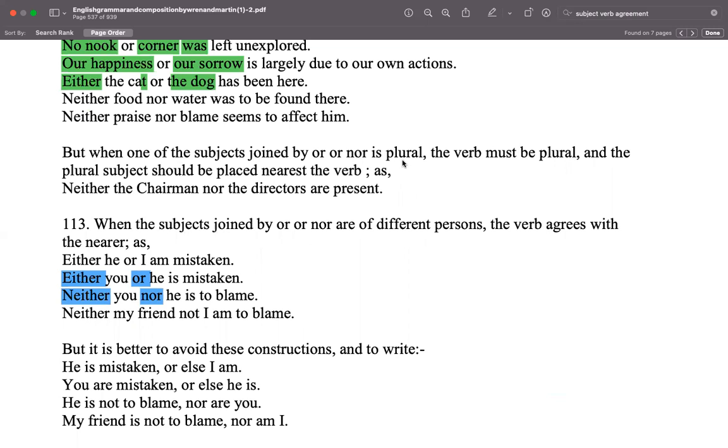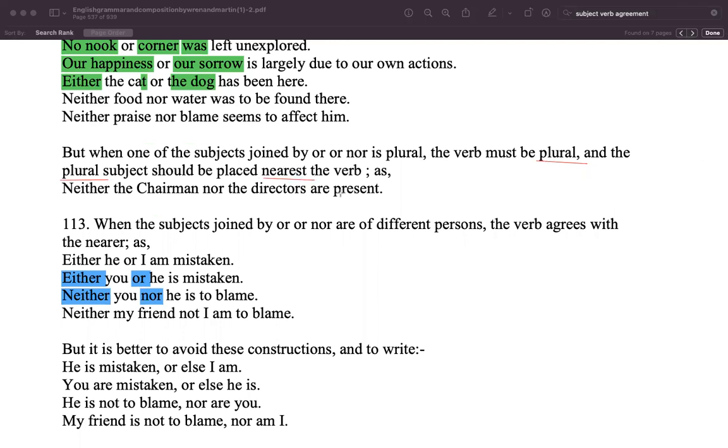Imagine that one of the subjects joined by or, either-or, neither-nor is plural, then the verb must be plural. And the plural subject should be placed nearest to the verb.